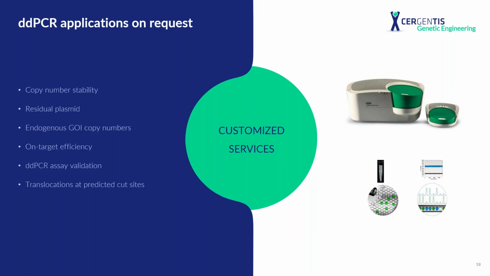So regarding our ddPCR services, we have already done several projects, including precise copy number determination and stability testing, also endogenous gene copy number determination, presence of residual plasmid, as well as translocations at the predicted cut sites.